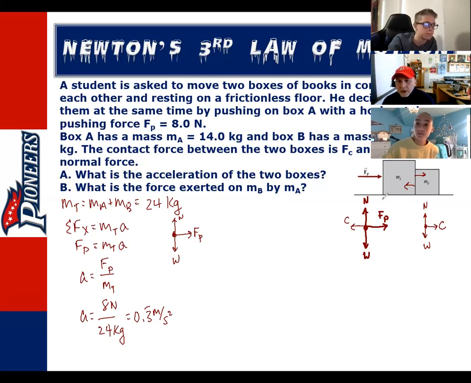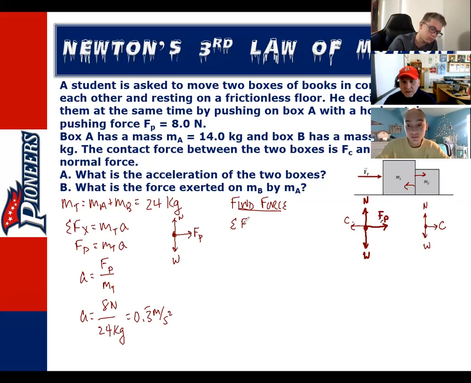Now we come over here and say, okay, to find the force, find the one with the least amount of forces acting on it. Well, this has 2. This has 1. Pick this one, right? The sum of the forces on box B in the x direction equals the mass of B times the acceleration. What is the force that's causing box B to move? It is that contact force.